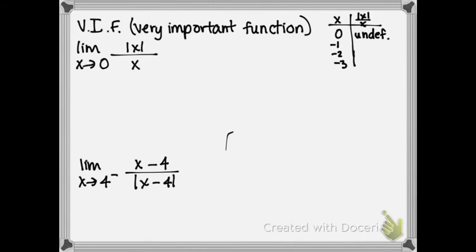Plugging in negative 1, we're going to get positive 1 over negative 1, which is negative 1. Plugging into the function negative 2, we get positive 2 over negative 2, which is negative 1. Plugging in negative 3, we get positive 3 over negative 3, which again is negative 1.